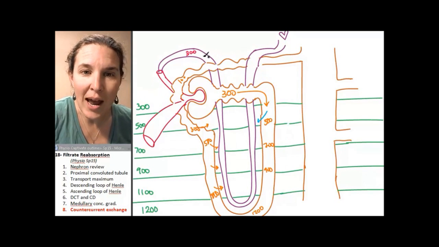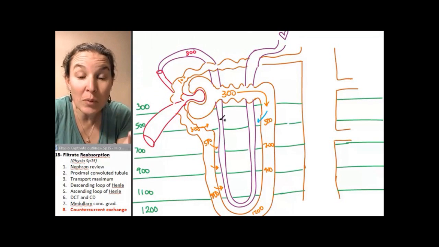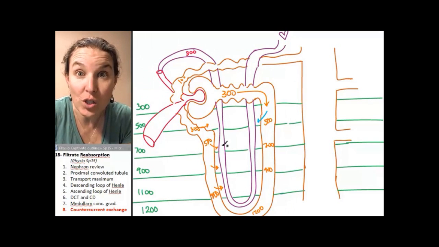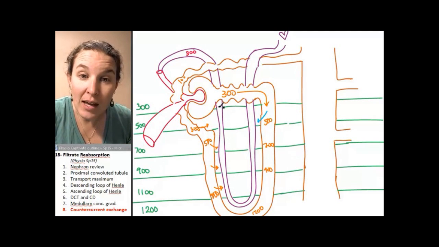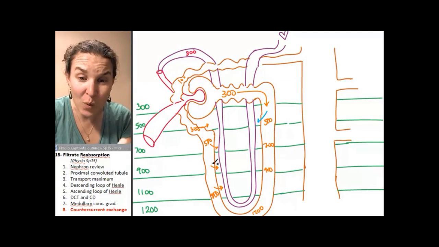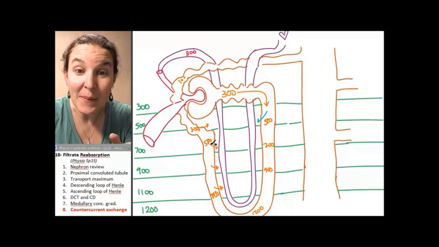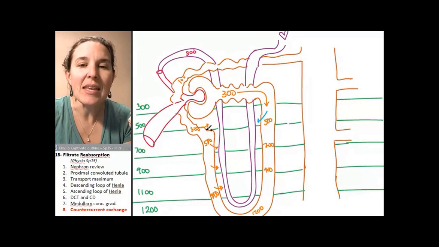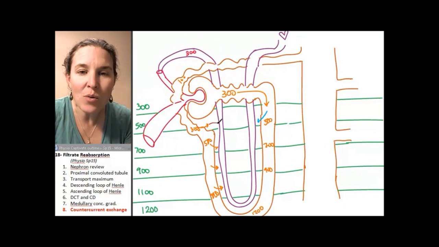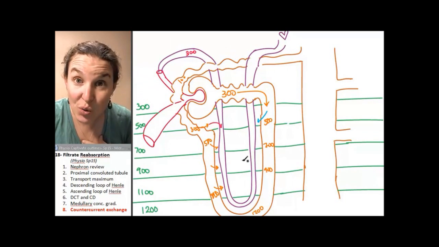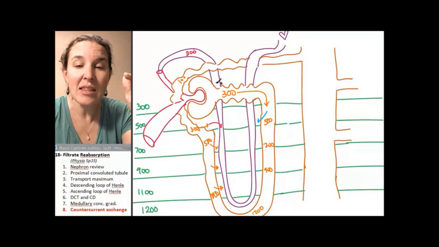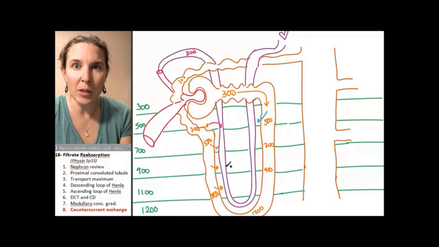But look at what happens. Look at who the blood goes by first. The blood is passing by right next to the ascending loop of Henle. So literally, the solutes that come out go into the blood supply.